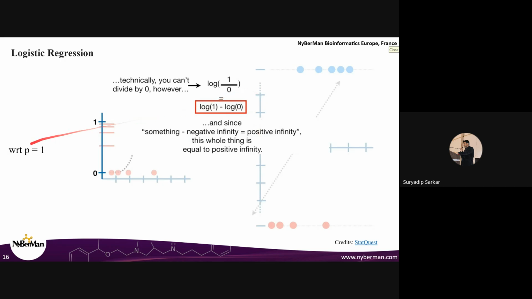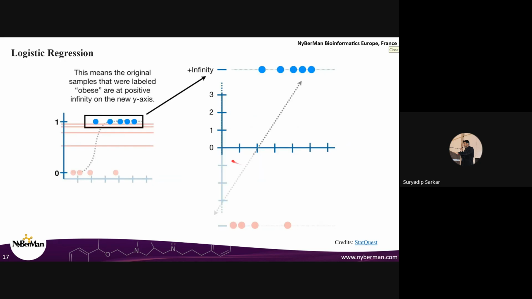Therefore, a probability value of 1, which is the maximum possible value on the probability axis, translates to the maximum possible value on the log of odds axis, which is plus infinity. This means that the original samples which were obese, which we had marked as obese in the probability setting, map to the plus infinity line on the log of odds scale.